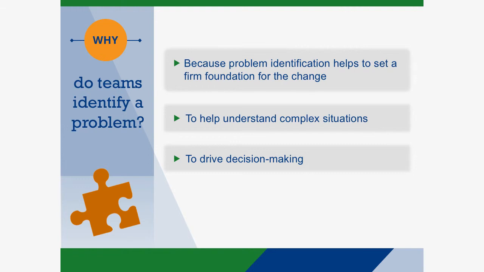Without initially identifying a problem using data, teams cannot begin to explore the scope, impact, or causes. Understanding complex problems will help teams make better decisions about the potential solutions that will improve programs, services, and outcomes.